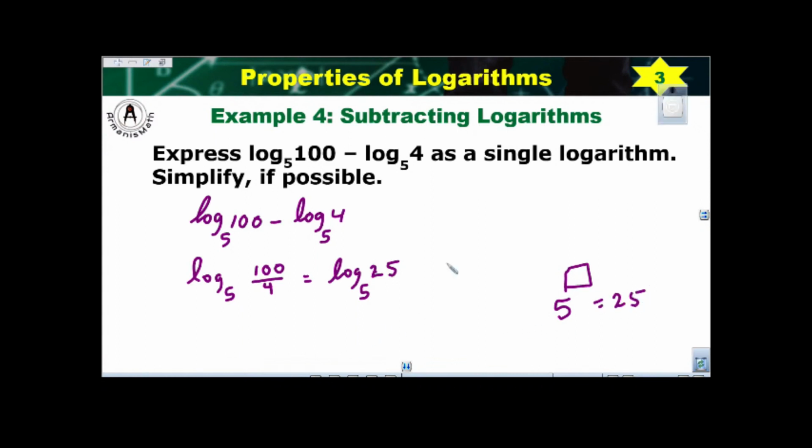And the answer is going to be 2. That is the answer for this problem. Just a 2. Okay, so once again, from subtraction to division, or vice versa. Those are the properties of logs.